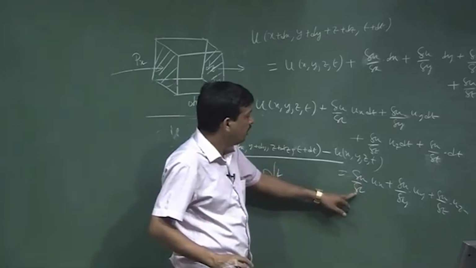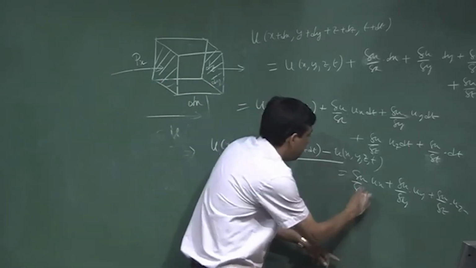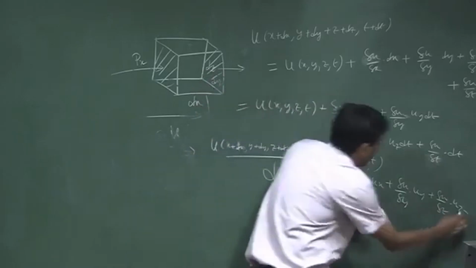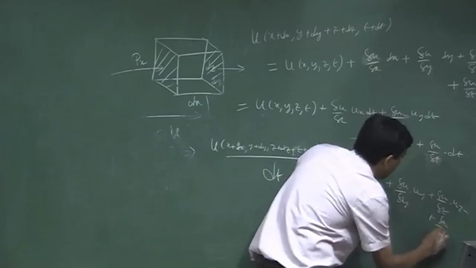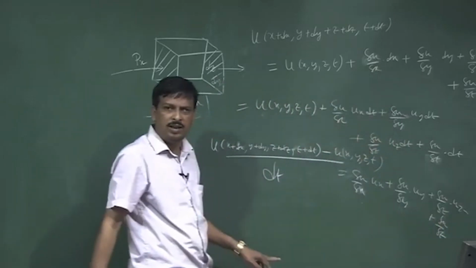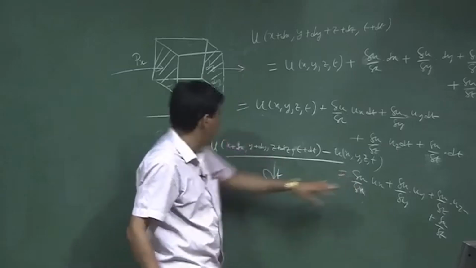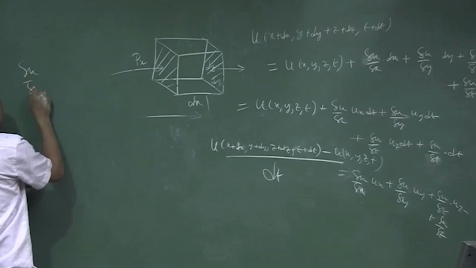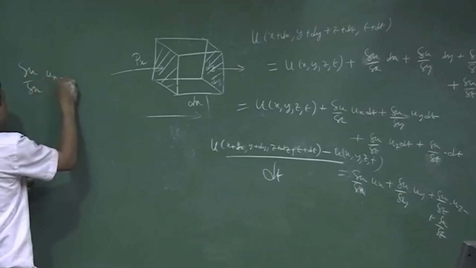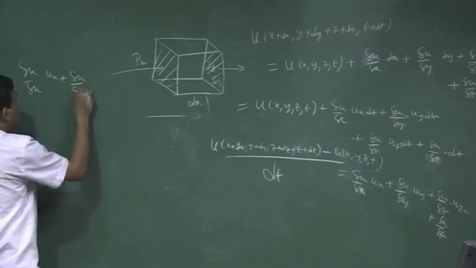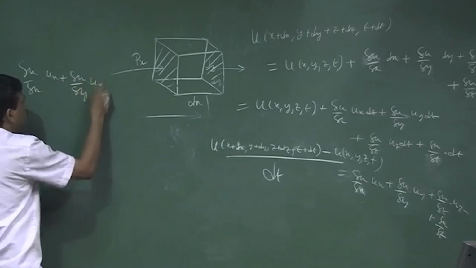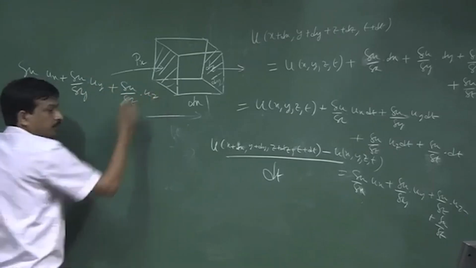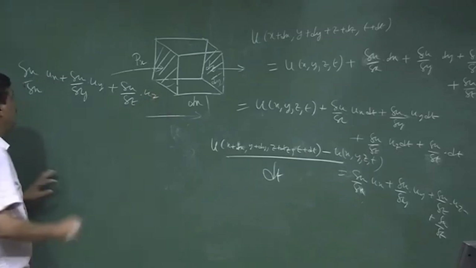Del u by del x ux plus del u by del y uy plus del u by del z uz, and that del u by del t term will also be there. Now I just deal with this term.